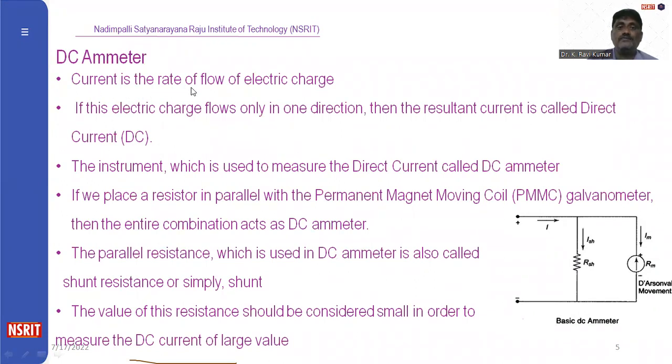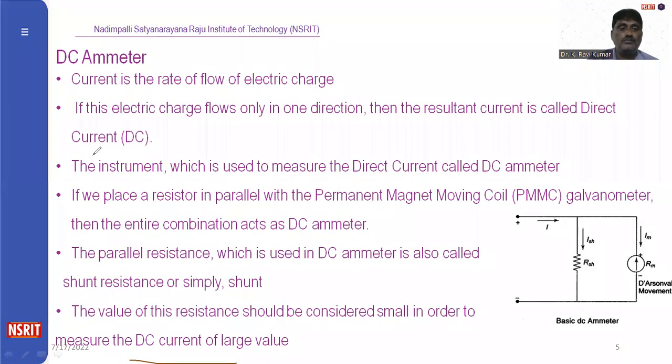Current is the rate of flow of electric charge. If this electric charge flows in only one direction, then the resultant current is called direct current or DC current.